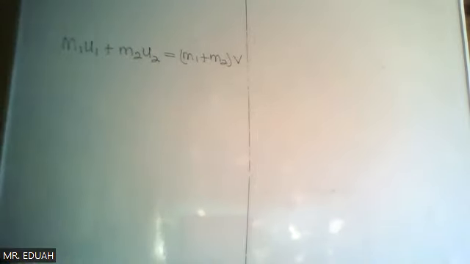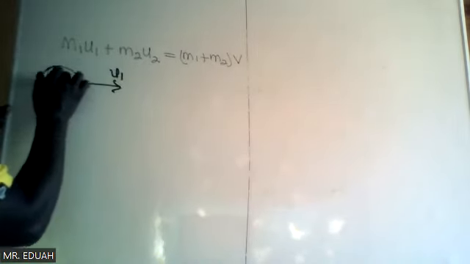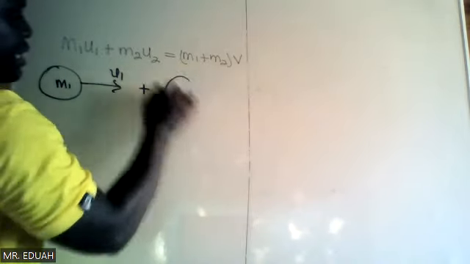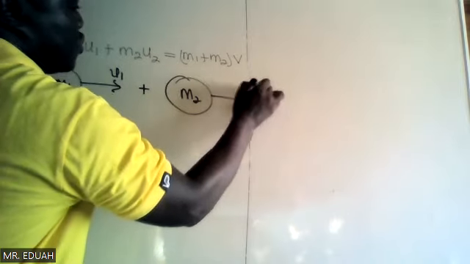Now, if before collision the two bodies are moving in the same direction, so M1 with velocity U1, then this is M2, its velocity is U2.